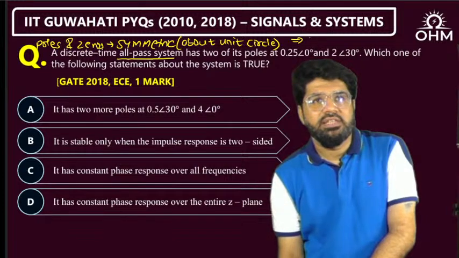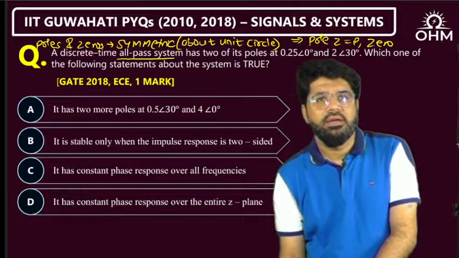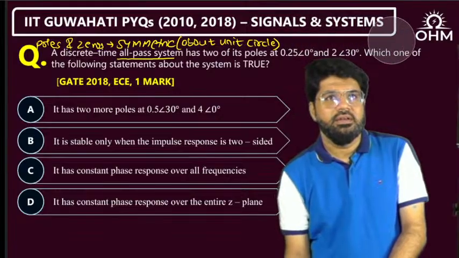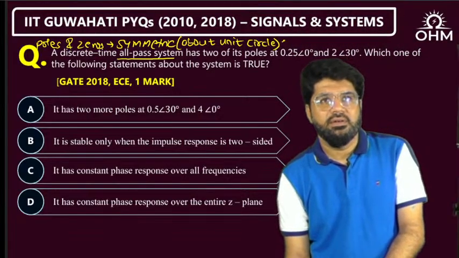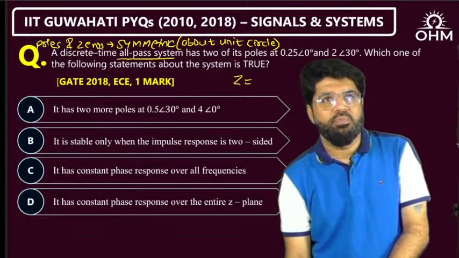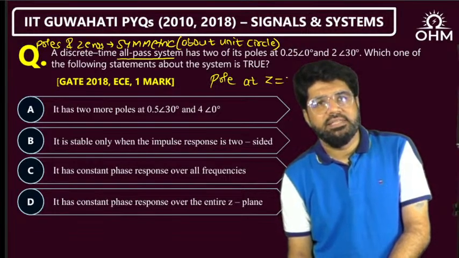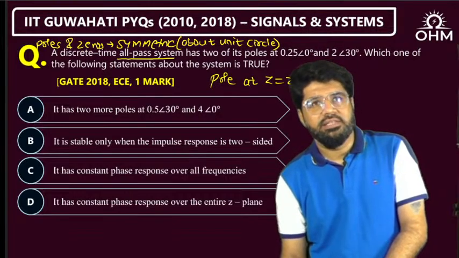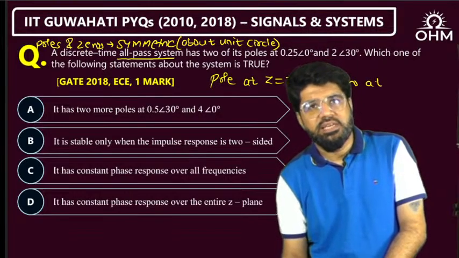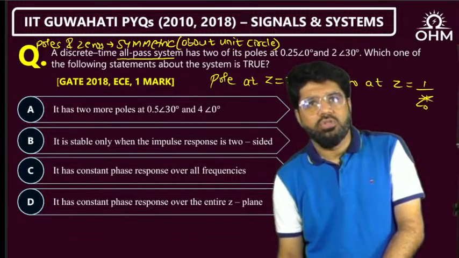So this symmetry means that if there is a pole at, let's say, z equal to z naught, then there should be a zero at z equal to 1 upon z naught conjugate.